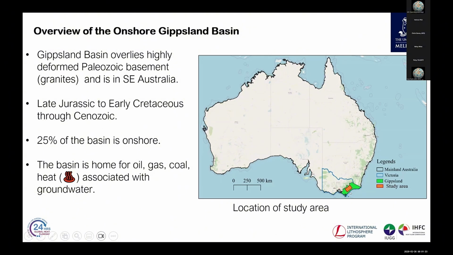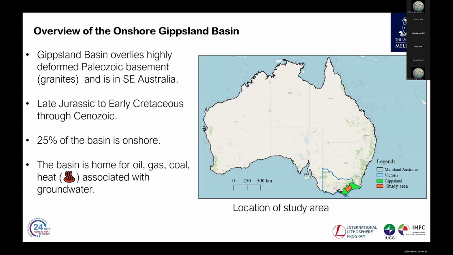We have the onshore part, where this is the coastline, and if you go toward the west, we have the onshore, and all the way here is the offshore section. The onshore section comprises only 25% of the basin. This entire Gippsland Basin is home to Australian oil and gas. We have coal deposits as well, and heat associated with the groundwater.